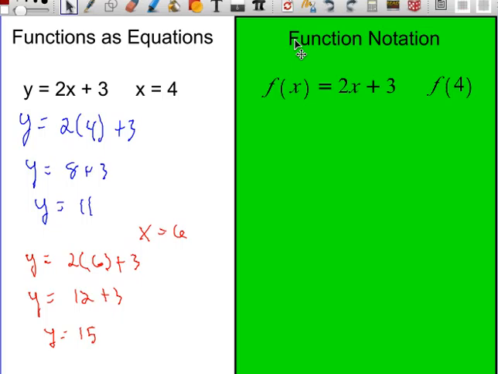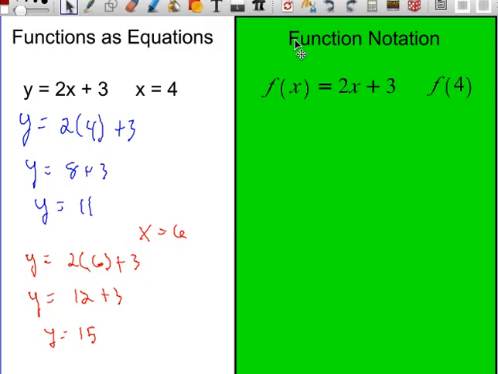This is not multiplying. This is not f times x. This is function notation. It's a special way of writing things, and it means f of x. Think of it as the function of x. In this case, it's f of x equals 2x plus 3. That's my function. My function is 2x plus 3.